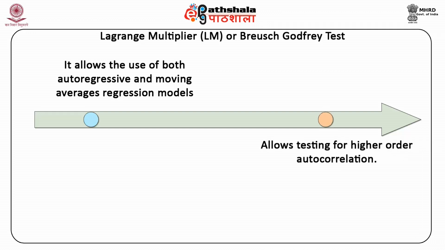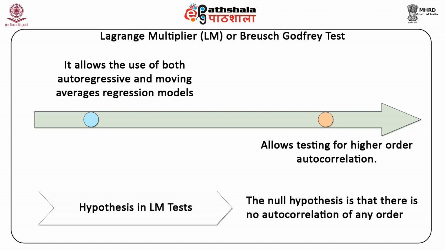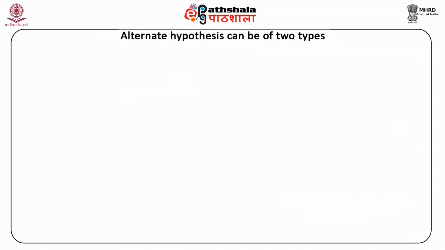Second, it allows testing for higher order autocorrelation. So, what are the hypotheses in LM tests? The null hypothesis is that there is no autocorrelation of any order. The alternative hypothesis in this case can be of two types.